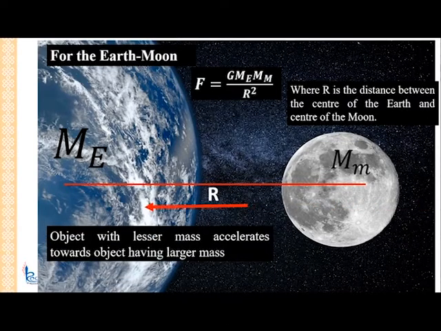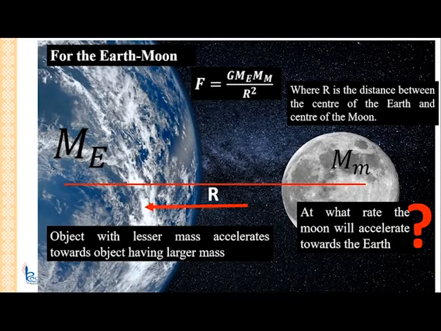So it is the moon that will accelerate towards the earth, because the moon has lesser mass compared to that of the earth, similar to that of an apple and the earth.